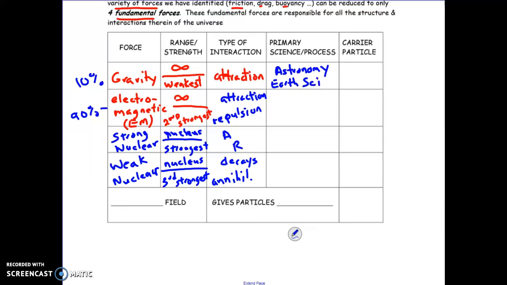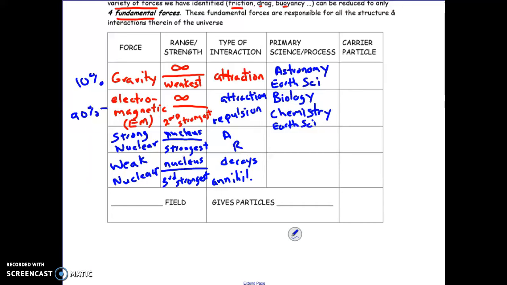Okay? The electromagnetic force is responsible for, as I mentioned earlier, almost all of biology, almost all of chemistry. Okay, certainly some Earth science, because a lot of Earth science is chemistry and biology based.